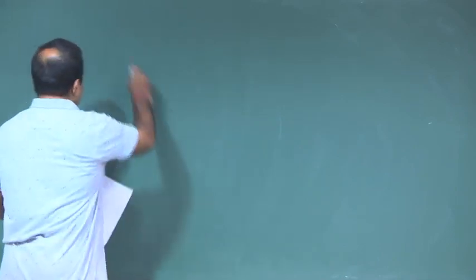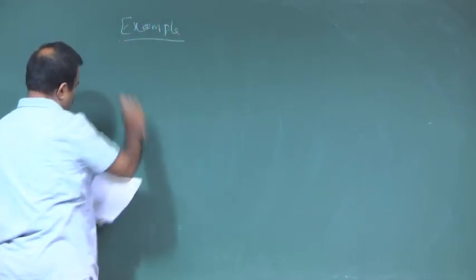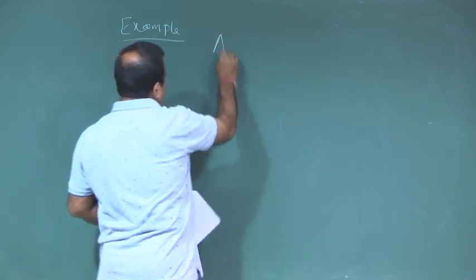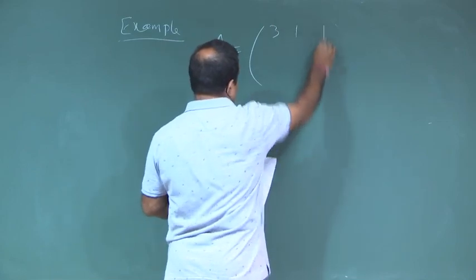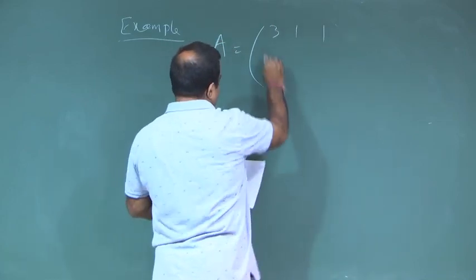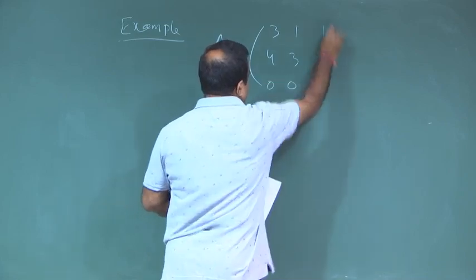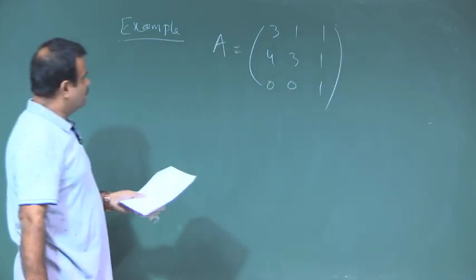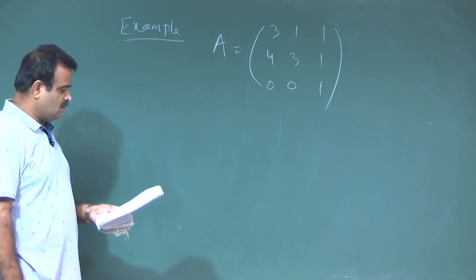Yeah, we take another example. So, suppose we consider this matrix A, which is again a 3 by 3 matrix: (1, 1, 3), (1, 1, 4), (3, 1, 0, 0, 1). Okay. We want to check whether this is diagonalizable or not.